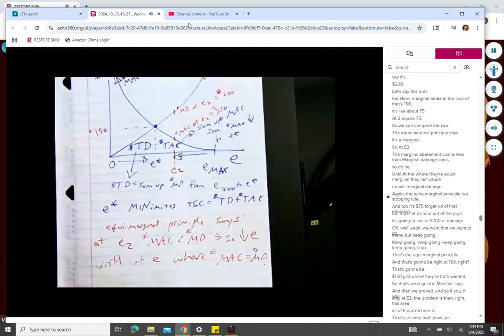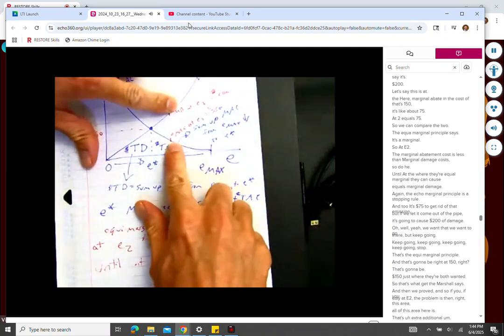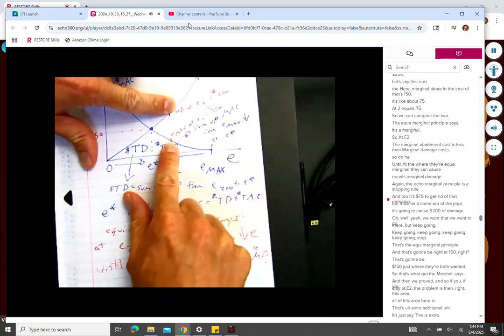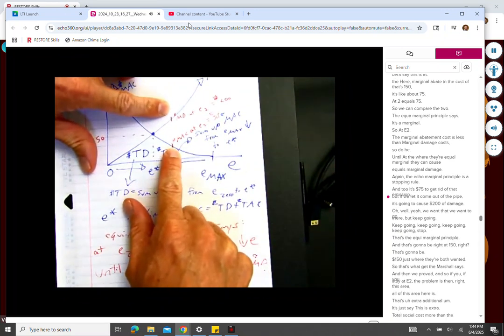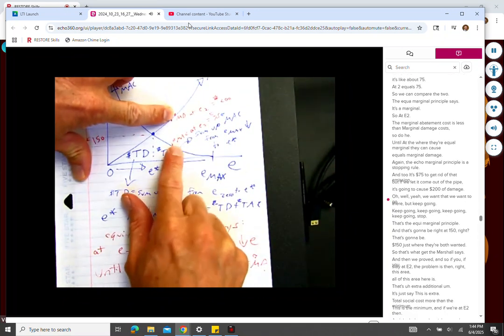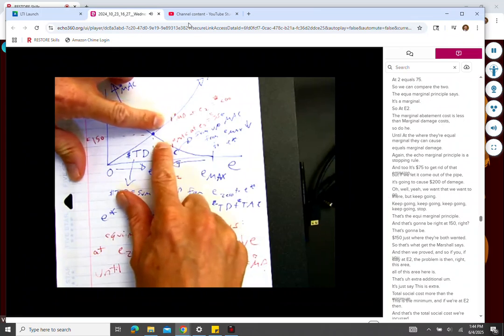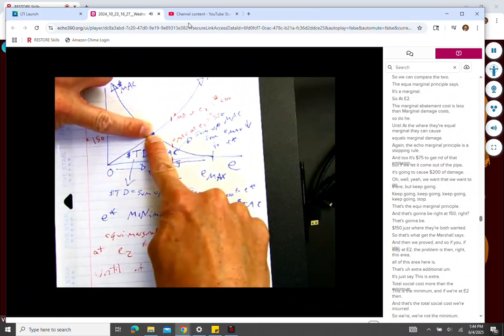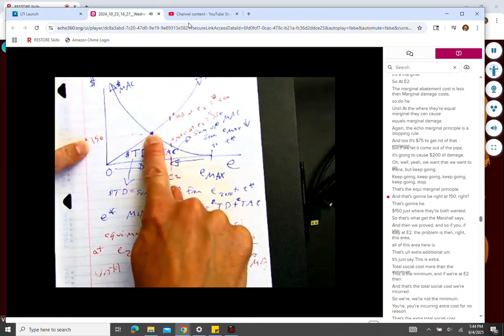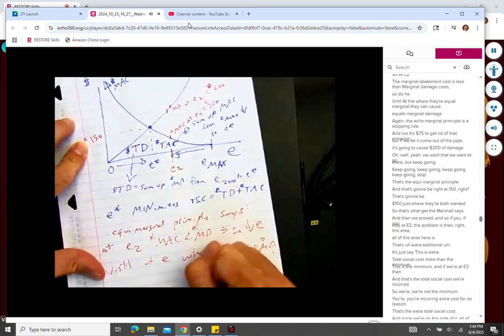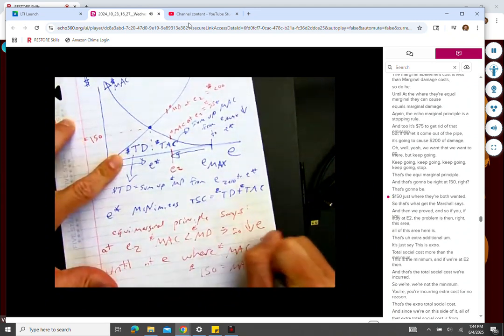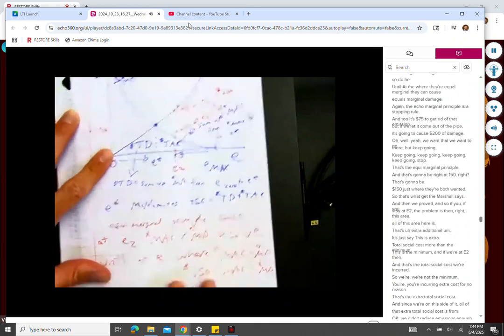So again, the principle is a stopping rule. At E2, it's $75 to get rid of that emission, but if we let it come out of the pipe, it's going to cause $200 of damage. Well yes, we want to go there, but keep going, keep going, keep going, stop. That's going to be right at $150, just where they're both 150. So that's what the marginal principle says.